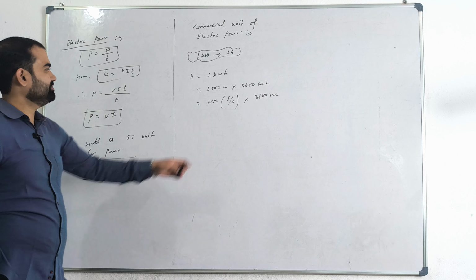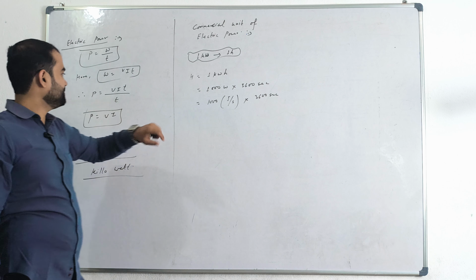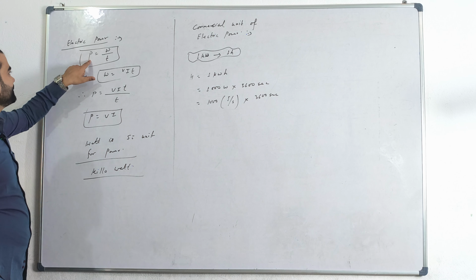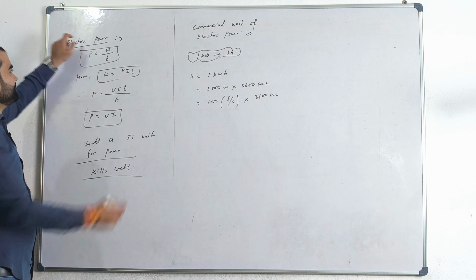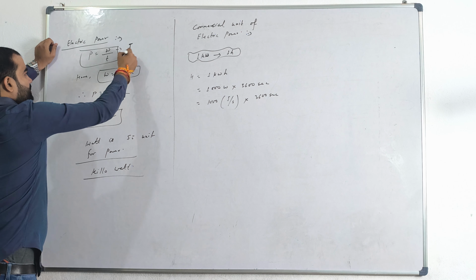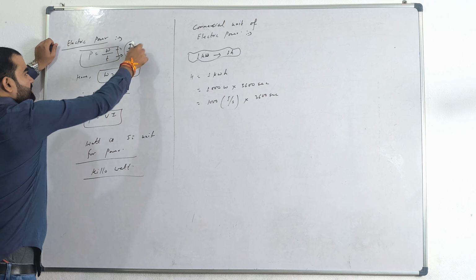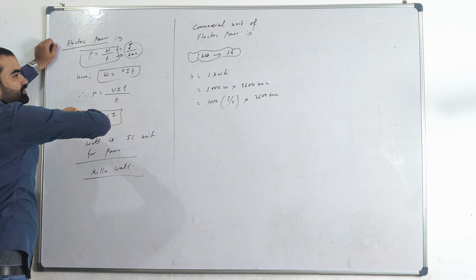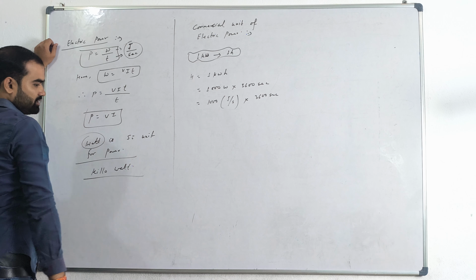Watt is converted into joule per second, because power is work by time, work having SI unit joule and time having SI unit second. This is the SI unit of power, which is known as watt.